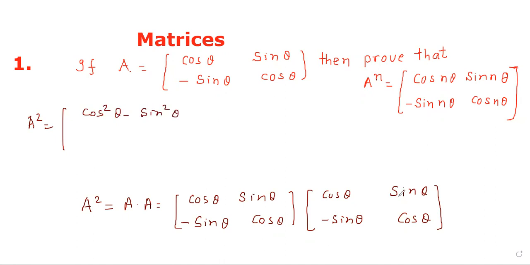Now the second term: cos theta into sin theta plus sin theta into cos theta, so 2 sin theta cos theta. Here, minus sin theta into cos theta and then cos theta into minus sin theta, so this will become minus 2 sin theta cos theta. And the last one is minus sin square theta plus cos square theta.